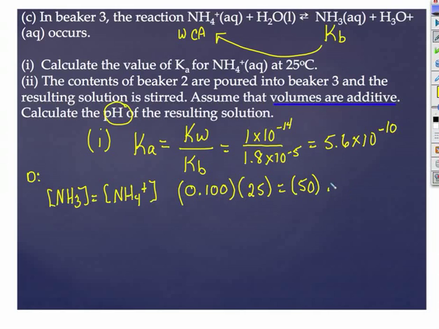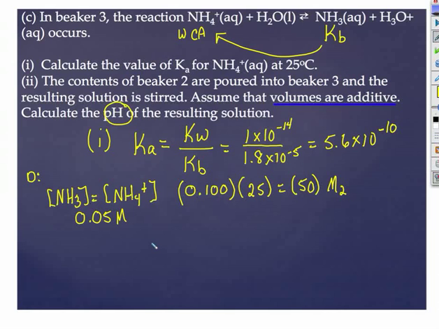There are times when there are attractive and repulsive forces, and you would not get exactly those volumes. So that's why that statement is made. So now both of these are 0.05 molar solutions.